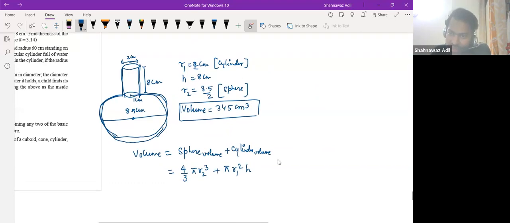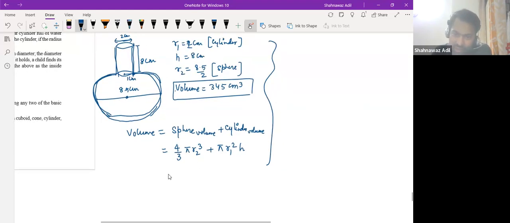I want you guys to calculate. Last question, you guys calculate. We cannot take anything common, but we can put the values. Yes, please do the calculation.